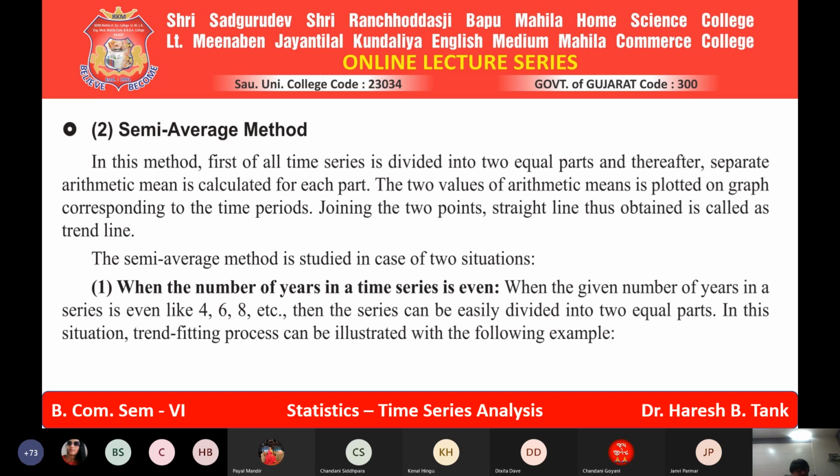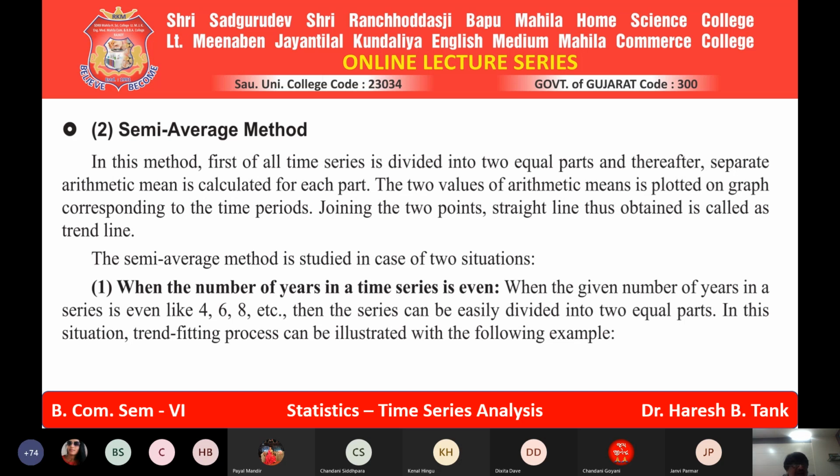When the number of years in a time series is even, that means 4, 6, 8, 10, 12, an even number of observations, a specific methodology is used. If an odd number of years is given, you have to use some other way out.